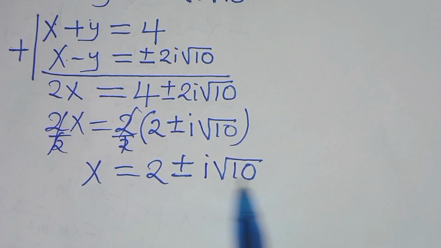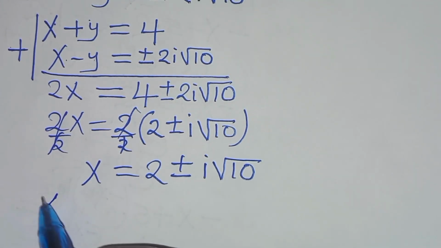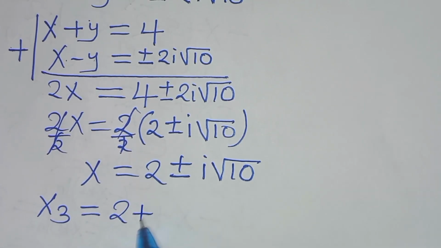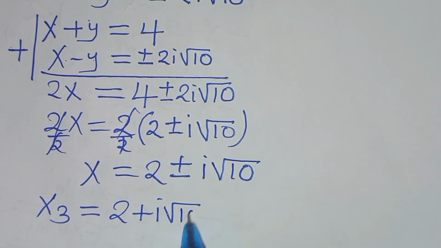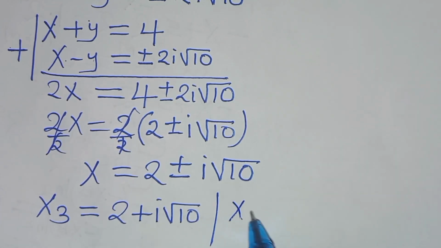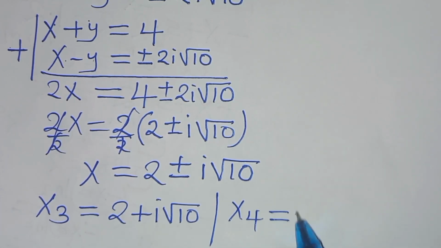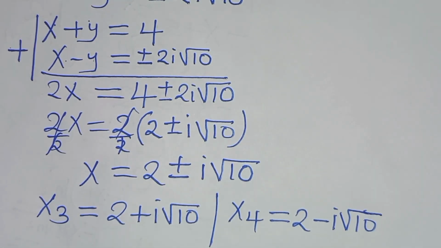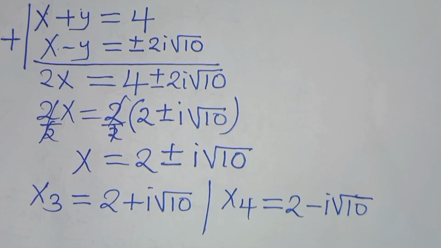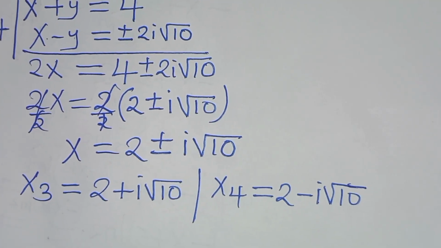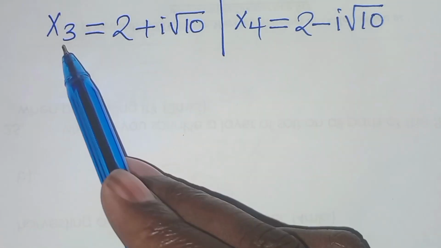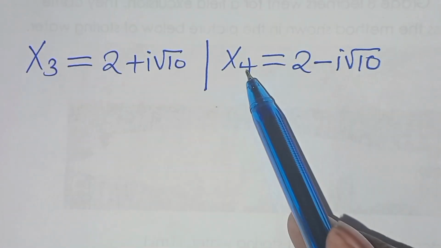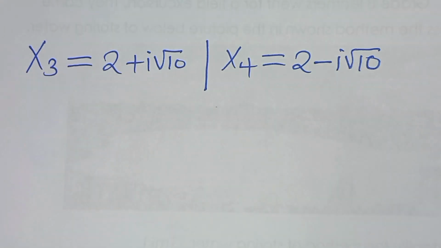So again, we have two values of x here. I can call this x3. This is equal to 2 plus i square root of 10. And we have that x4 is equal to 2 subtract i square root of 10. So let's solve for the corresponding values of y3 and y4. Now here we have x3 is 2 plus i square root of 10, and x4 is 2 minus i square root of 10.